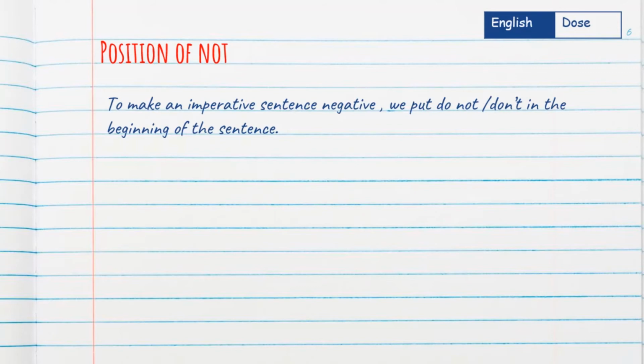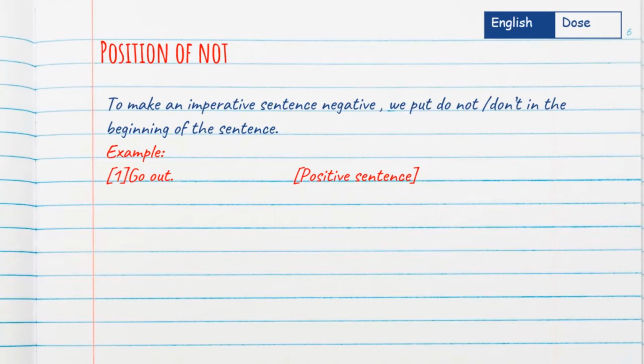Imperative sentences always begin with the verb. They don't have the subject. So, while turning a positive imperative sentence into a negative, we place the negative word do not or don't at the beginning of the sentence. Example: go out is the positive imperative sentence.